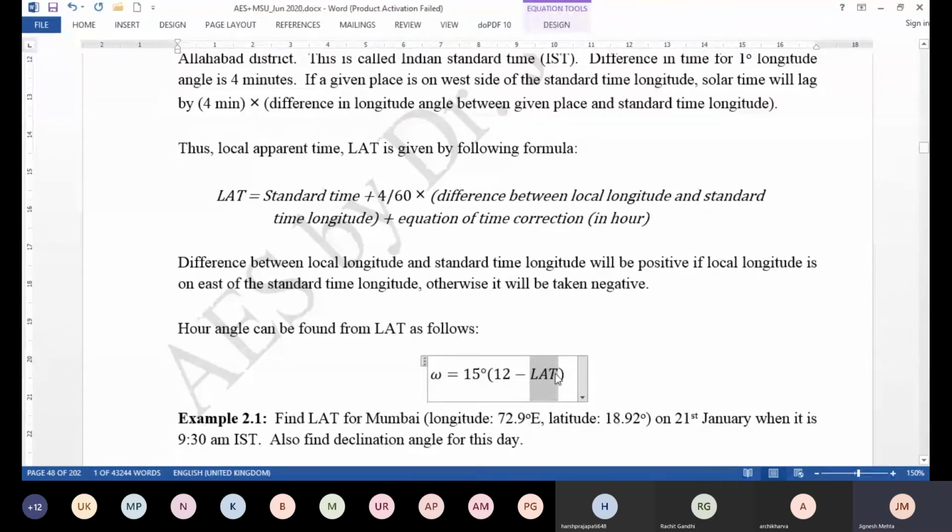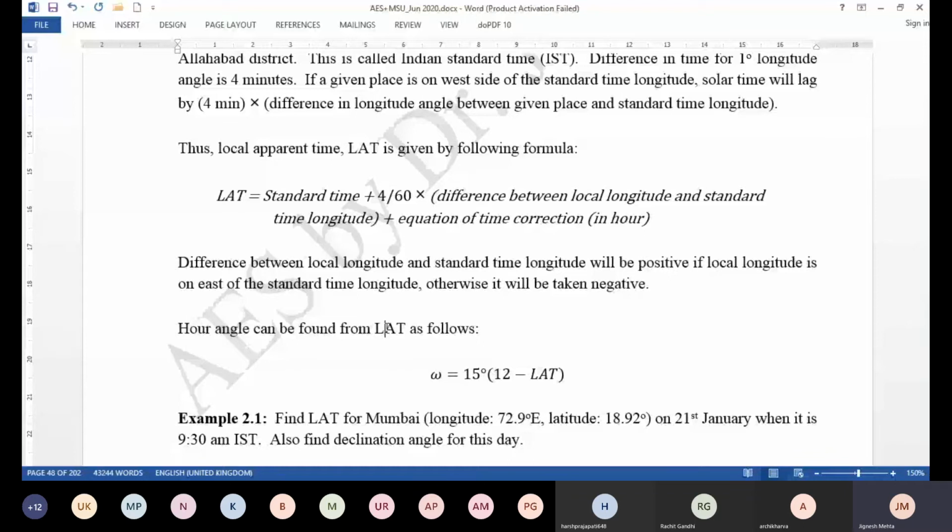You get the local apparent time with this formula, and then you can find the hour angle, which is 15 degrees into 12 minus LAT. If your LAT, local apparent time, is solar noon, it will be 12. So 12 minus 12 is 0. So omega is equal to 0 when it is local solar noon.